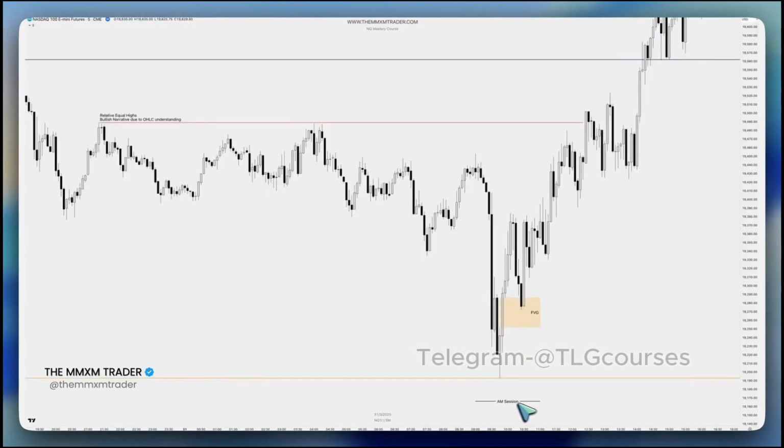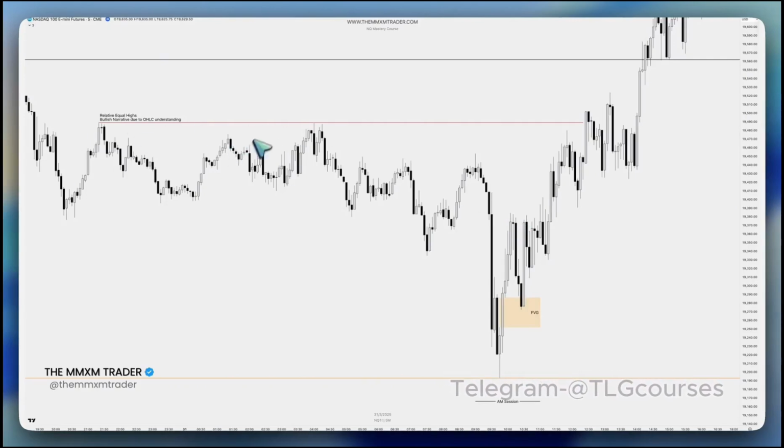And then in the AM New York session, we trade down here to a key level. Market trades up higher. We have relative equal highs. Remember, when we have this with a bullish bias on this day, why? Because, like we just discussed, end of a monthly candle, sell side liquidity taken out, and then we have relative equal highs with all of that backing. We have a bullish bias for this session.